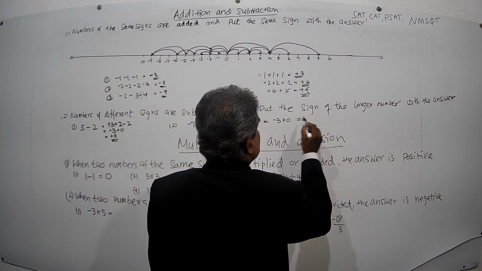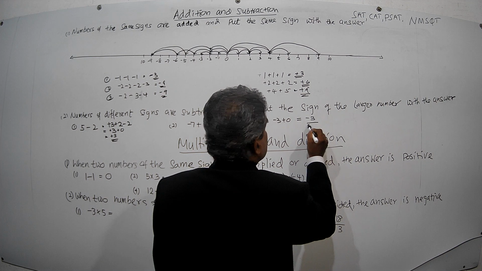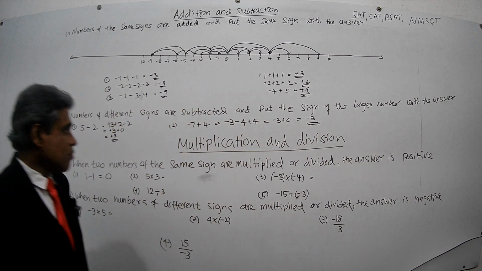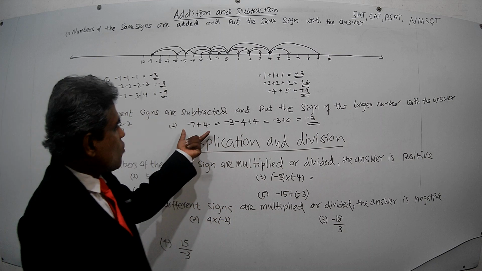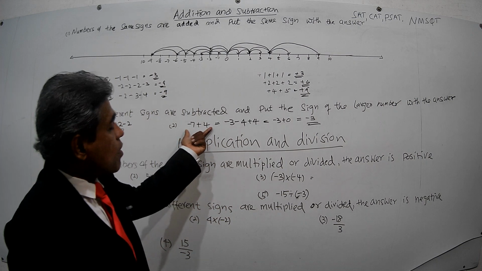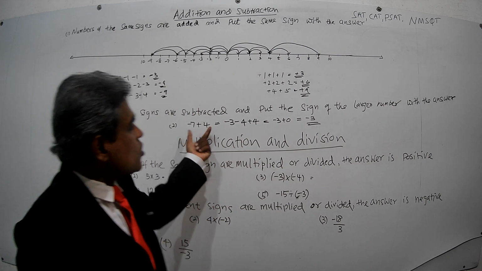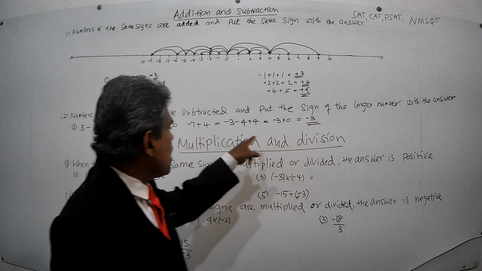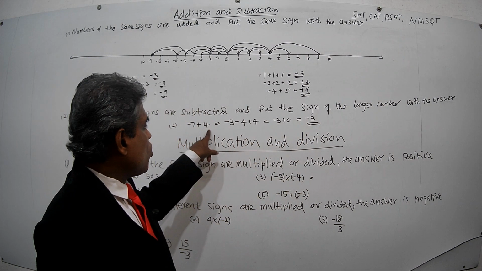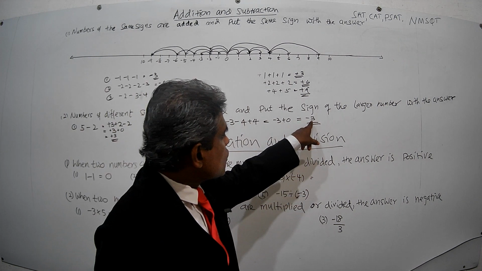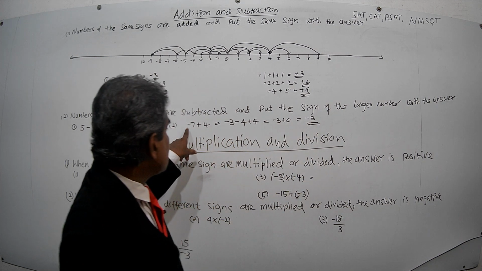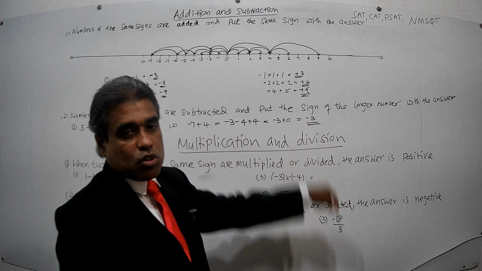Then the answer is minus 3. See what I said? You get two numbers of different signs. They are subtracted and you put the sign of the larger number. See here, minus 7 plus 4. Then the answer is 3 and the sign is the sign of the larger number. It has come from the process of proof.